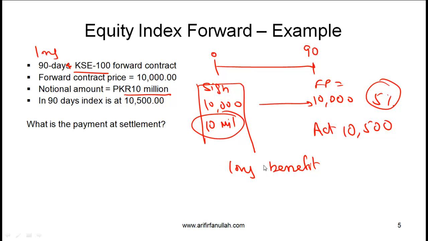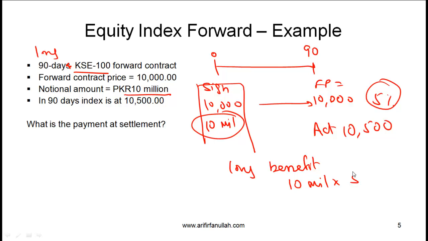The benefit amount is equal to the notional principal, which is 10 million, multiplied by the percentage increase in the index relative to the forward price. So the forward price, the contract price, was 10,000. The actual index price on day 90 is 10,500. The increase is 5%.